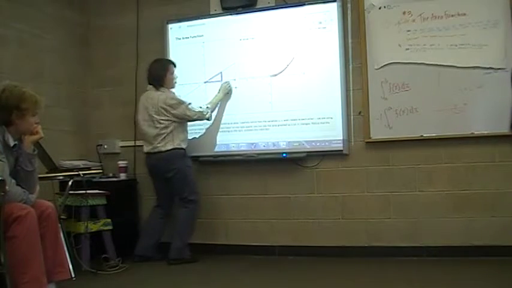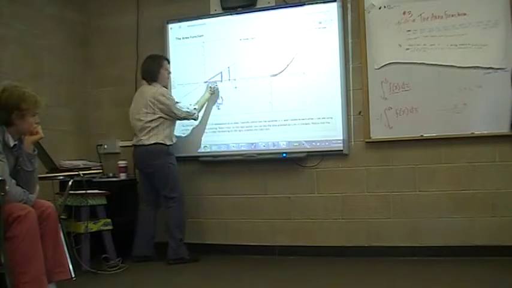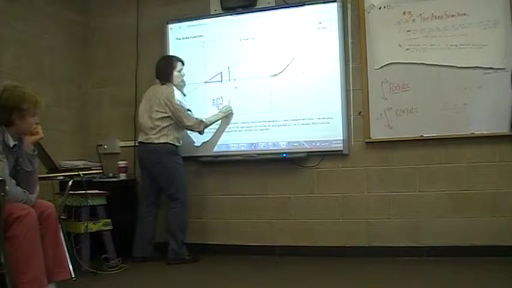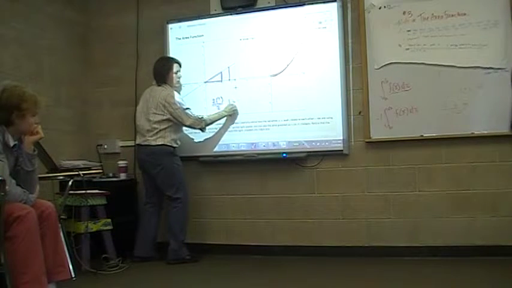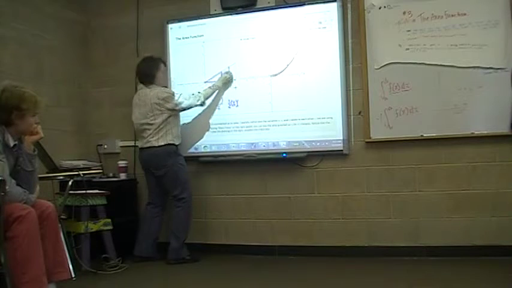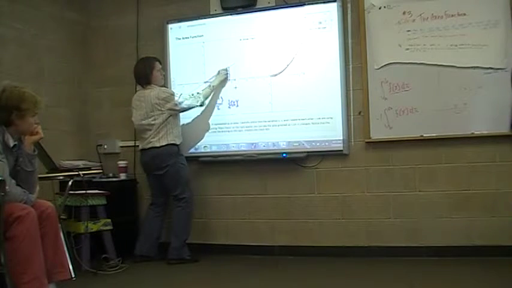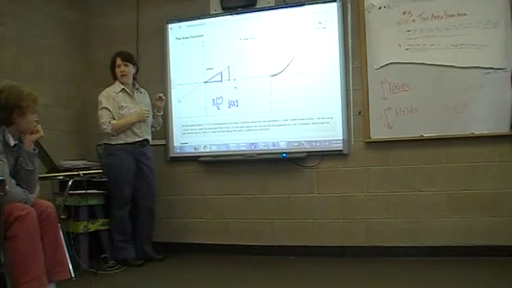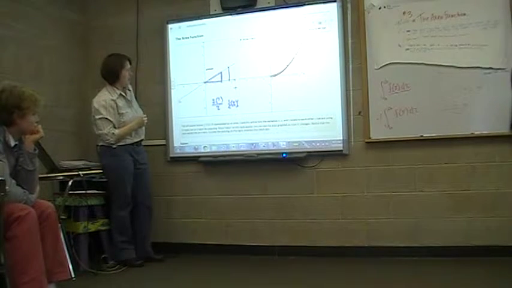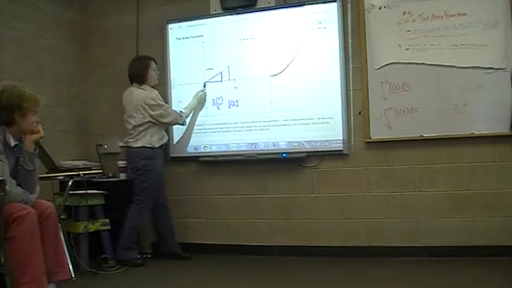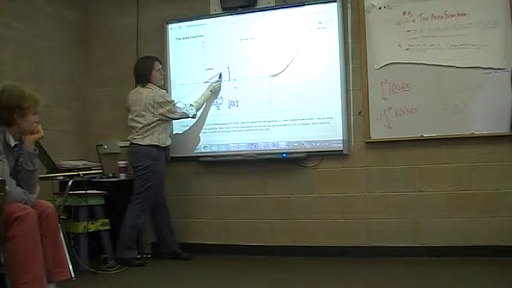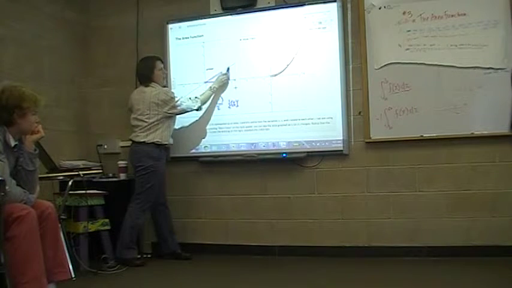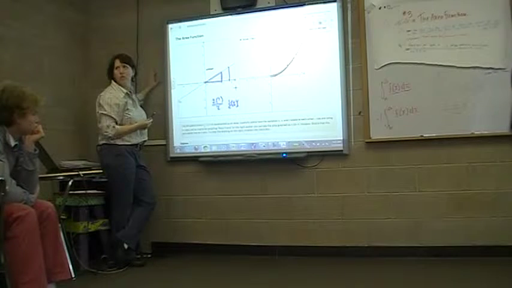We could do the same thing over here at 3, one half base times height, so one half, my base is 3, my height is, what do you say? 1.5 maybe? Looks like my slope is rise 1, run 2, so that's probably rise 1/2, run 1.